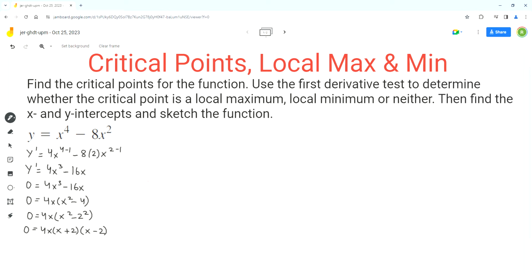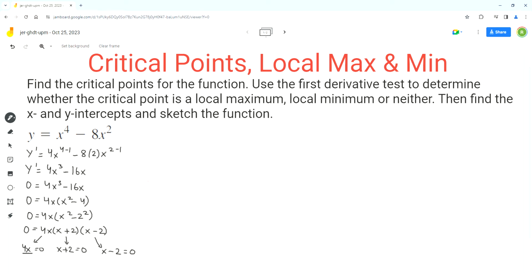Now we'll get three cases and use them to find the critical numbers. The first case is 4x equals 0. The second case is x plus 2 equals 0. The third case is x minus 2 equals 0.